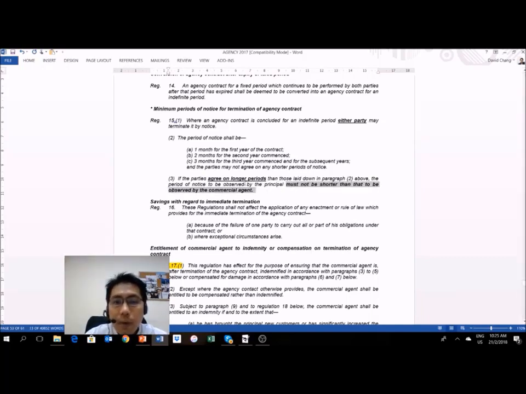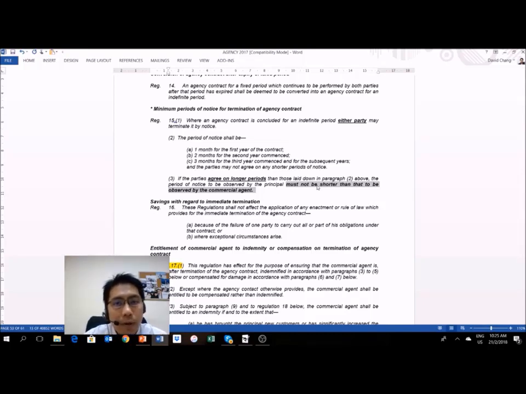And obviously, whilst it can be longer, it also can't be shorter than what is prescribed here by 15.2. So what you are seeing here in 15.2 is the minimum. It can't be shorter than that. It can be longer, of course. But even where it's to be shorter, it can never be shorter than that which is observed by the commercial agent. So you are seeing a picture here in 15 where it's trying to provide the agent with certain rights that he would not have within common law.